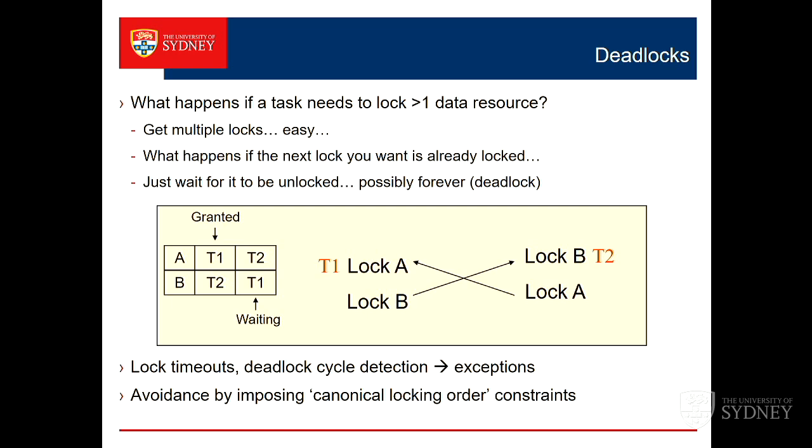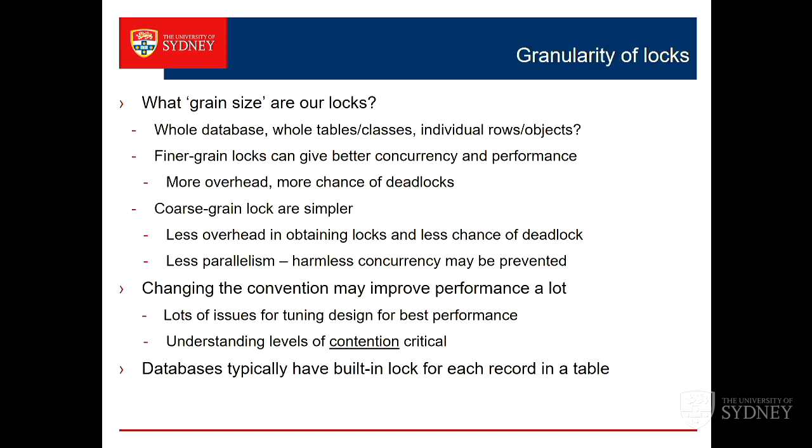The problem here is that the locking order of T1 and T2 is different. So if we established a set of rules saying you must gather multiple locks in a particular order, then that problem will go away. But in practice, that can be hard to do. So you may get deadlocks, and the database system or whatever will pick them up and kill you. That's fine. You'll restart.